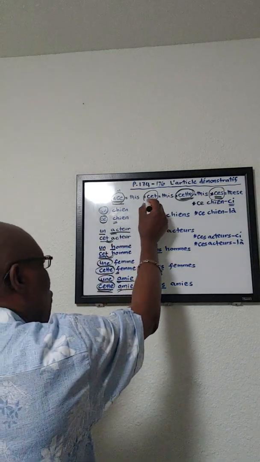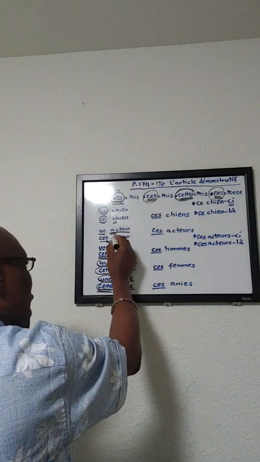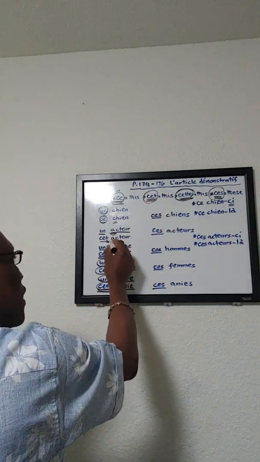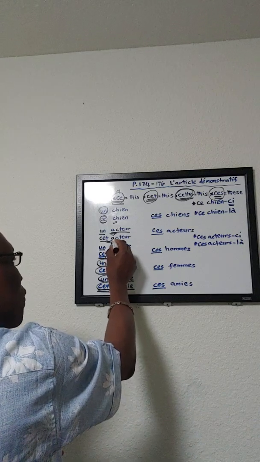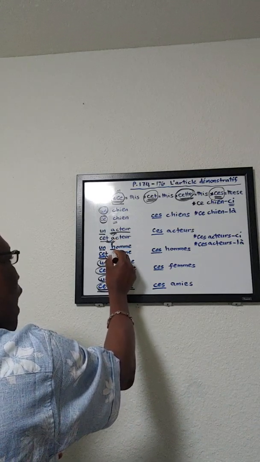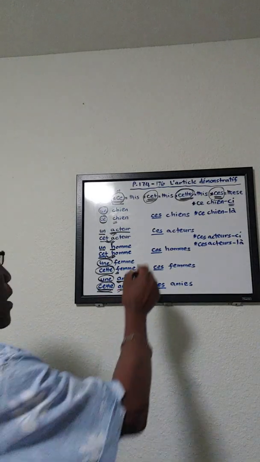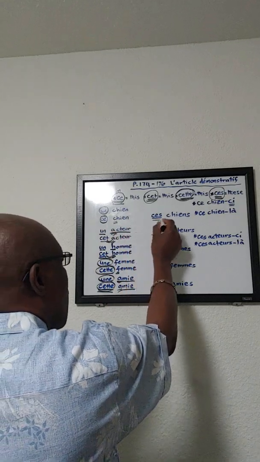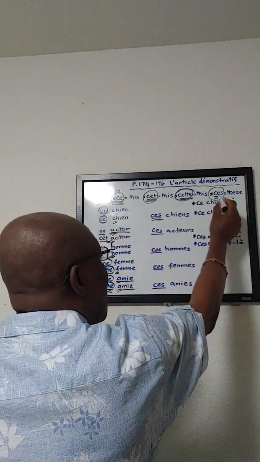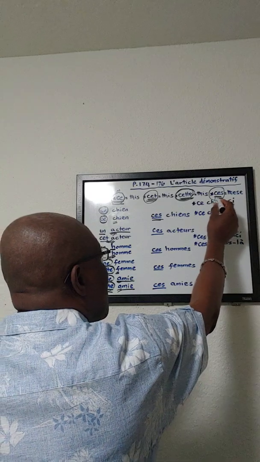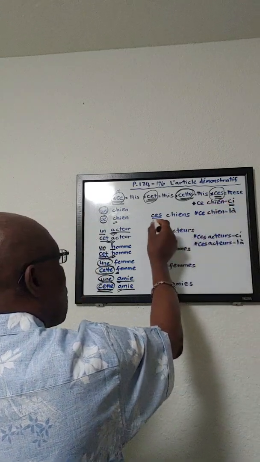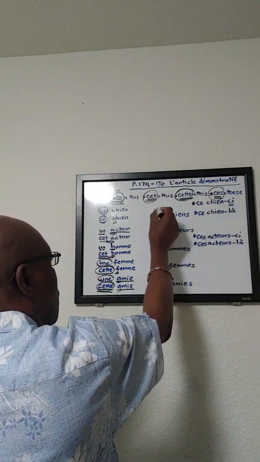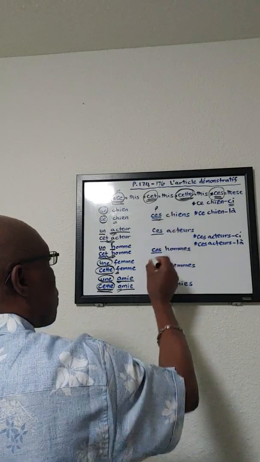We use this one if the singular masculine noun begins with a vowel or H. Ça va? Now, if you come here, see ces chiens. Now, here we use ces. Répétez, ces. We use ces chiens because it's plural.